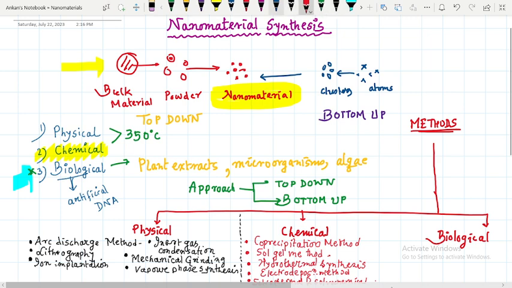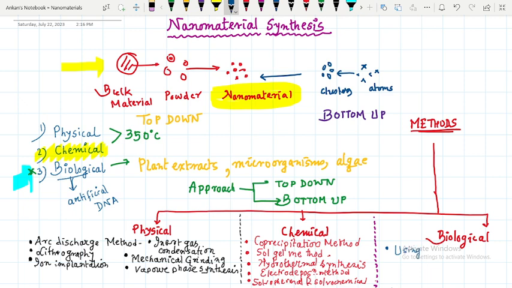Again, I am going to give a partition here, and the last and final one involves some biological methods. As I have already said to you, these involve the use of plants and their extracts.